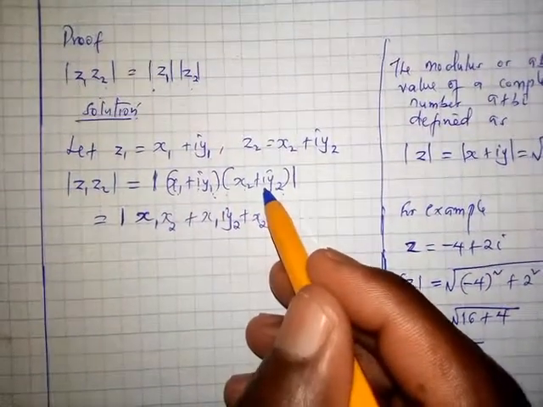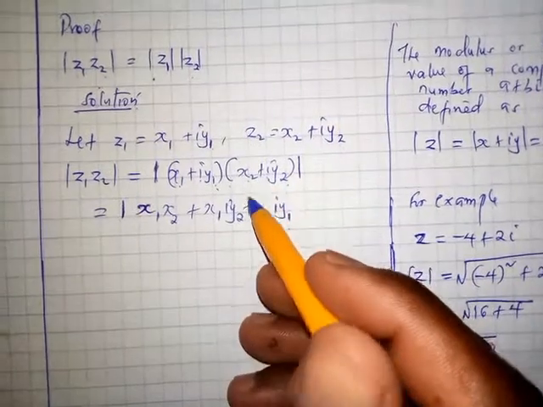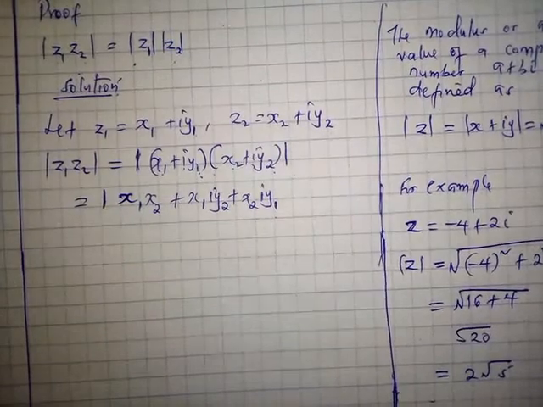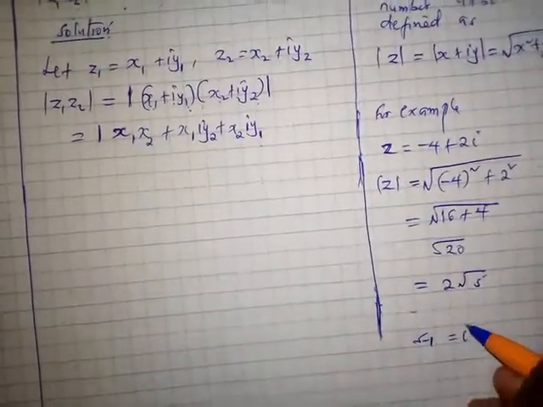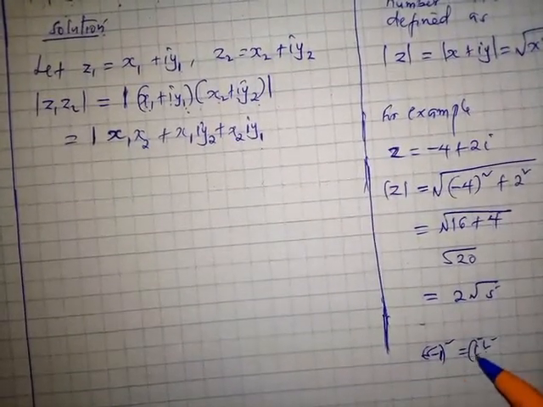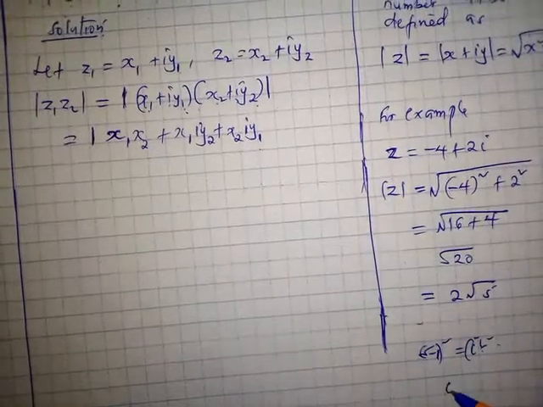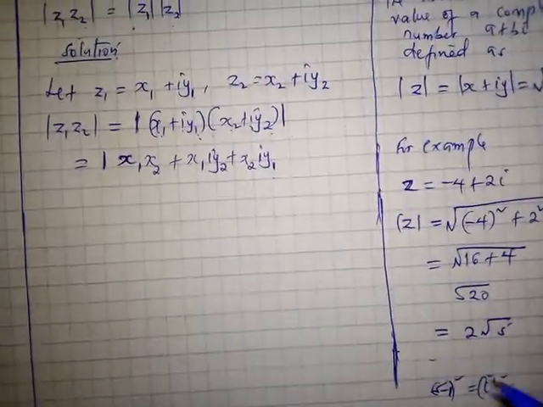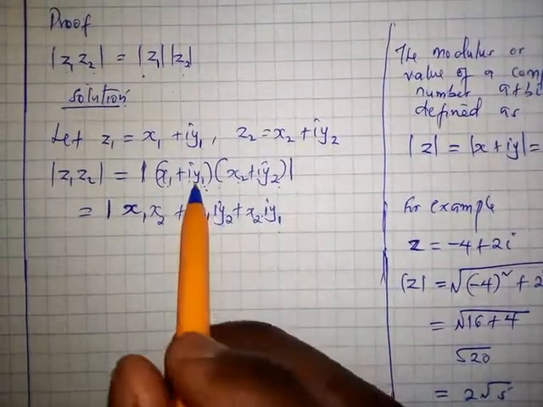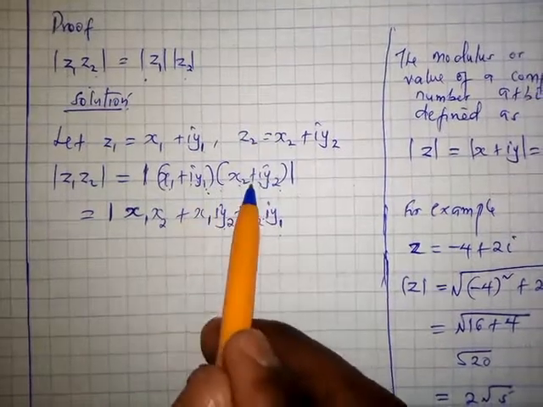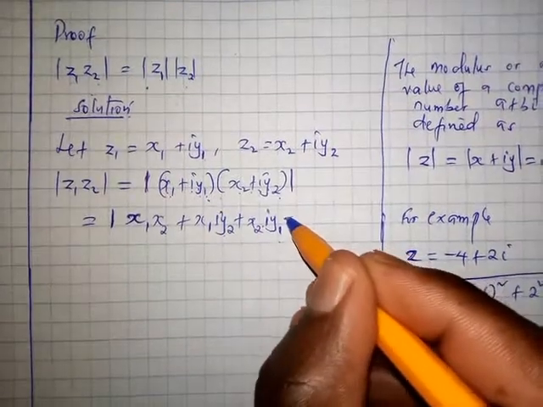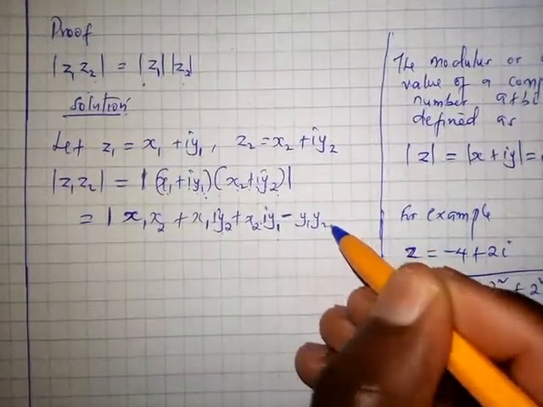I times I is -1. Remember, the square root of -1 is equal to i, so if we square both sides, i squared is equal to -1. So i times i is i squared, which is equal to -1. Then y1 times y2 is y1 y2, so it will be negative y1 y2.